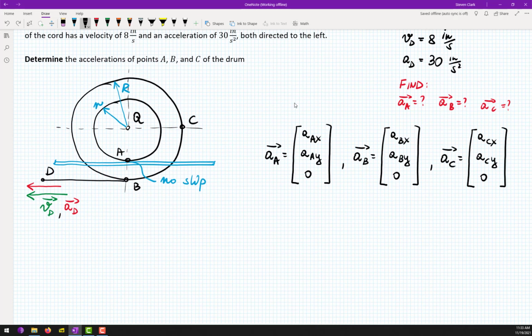Solution? In order to find acceleration of these points, we also must know omega of the body. Is omega of the body known? No. Unfortunately, we must run velocity analysis first.